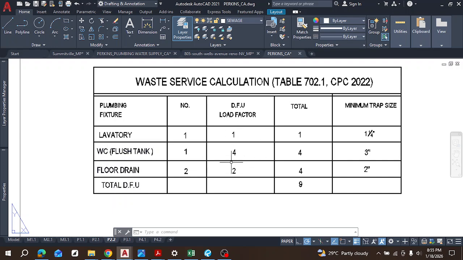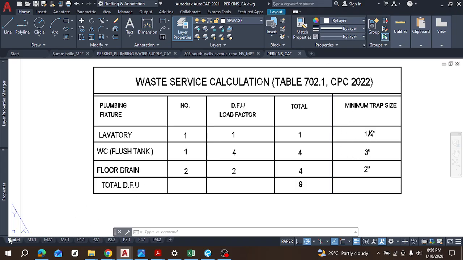We indicated DFU loads here, and based on the quantity, you multiply and get the total DFU, which is 9. You also take note of your trap size. This is important in cases where you need to size the grease interceptor, but even that aside, you just need to state this too, and it's also stated in those tables.